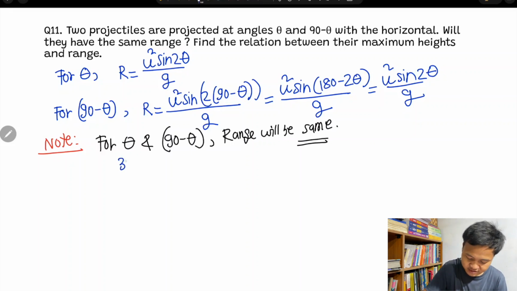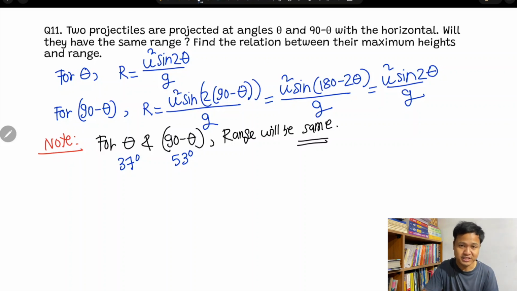See, if I take 37 degrees, and another projectile is projected with 53 degrees, both of these will have the same range. If I project with 30 degrees and another with 60 degrees, both of them will have the same range. Okay, so this is the main point.